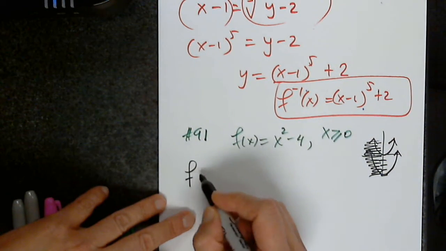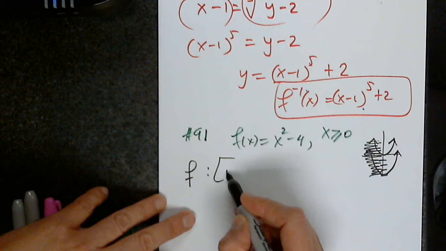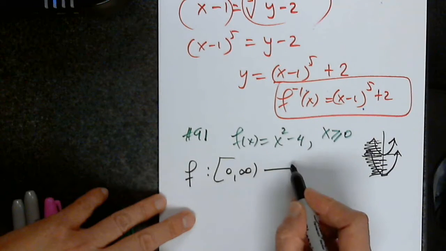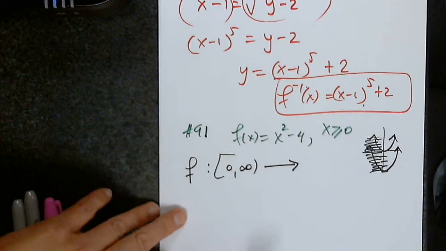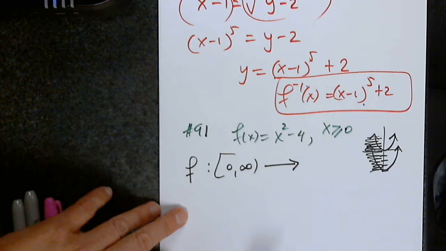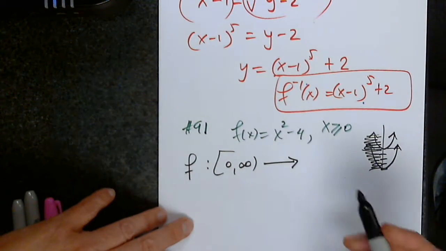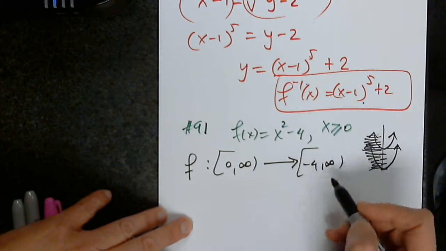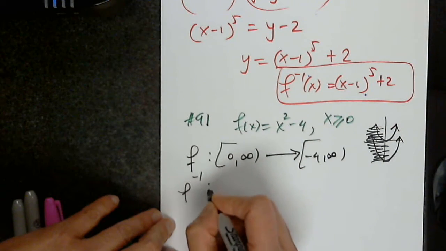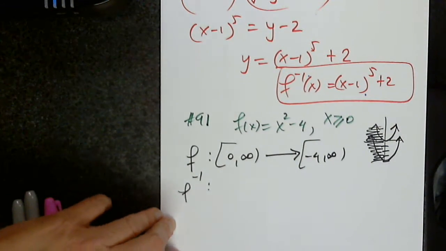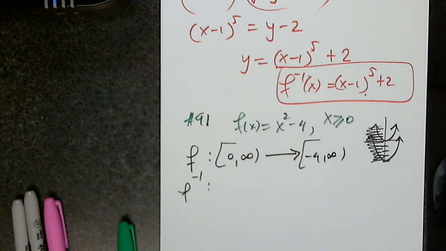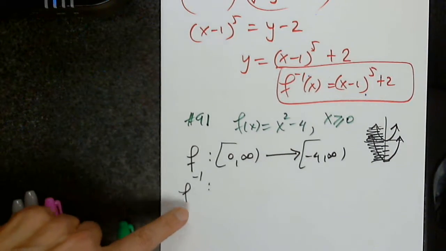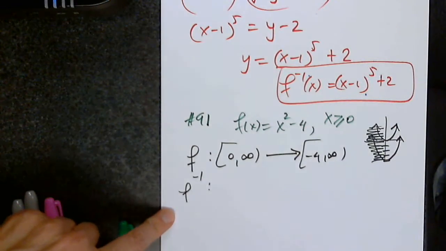So the function is defined on 0 to infinity. Can anyone give us the range of this function? Right. -4 to infinity. Although we don't even know the inverse function, I already know the domain and range of the inverse function.